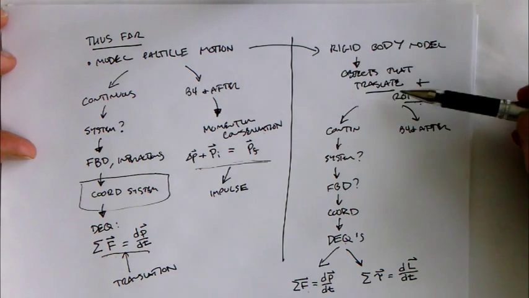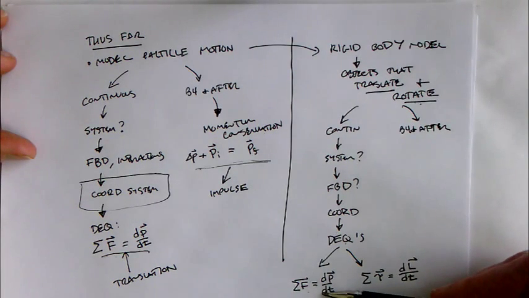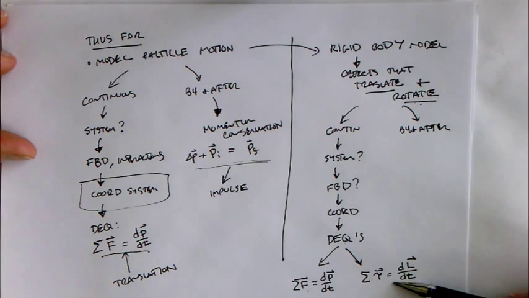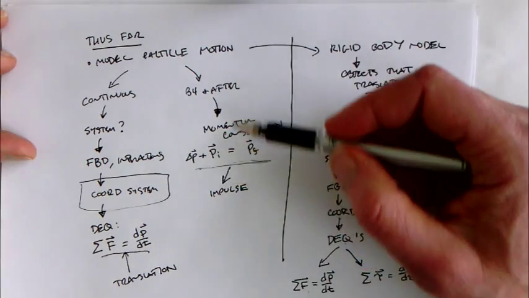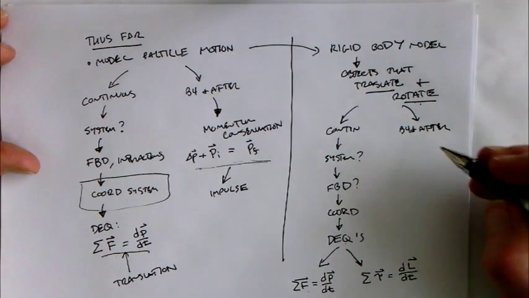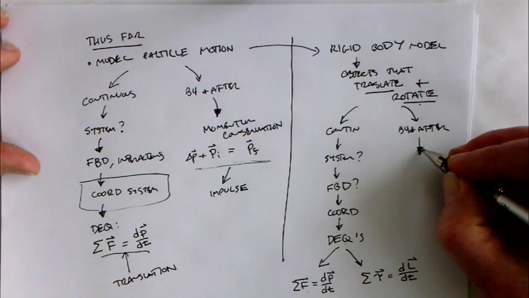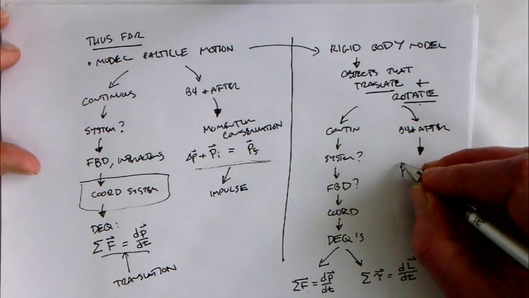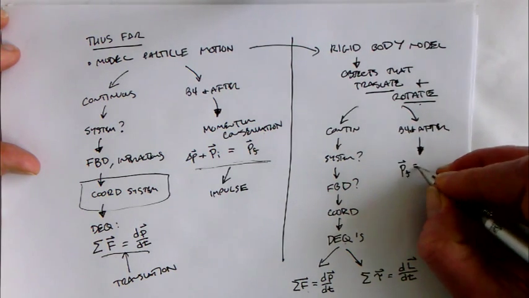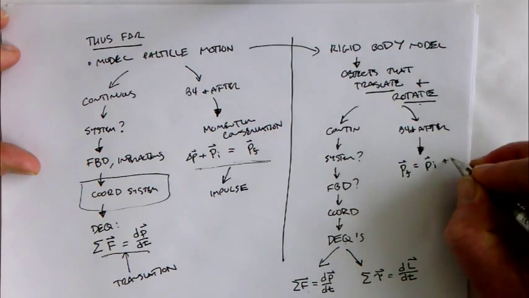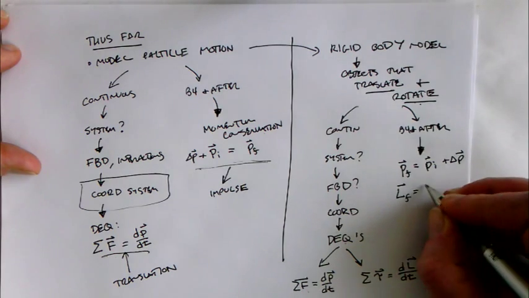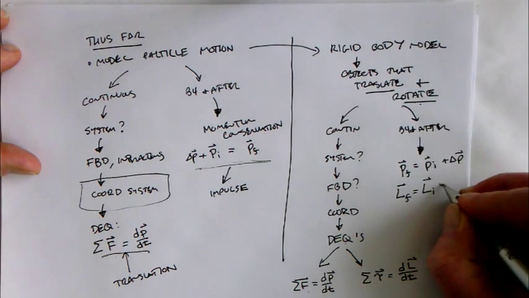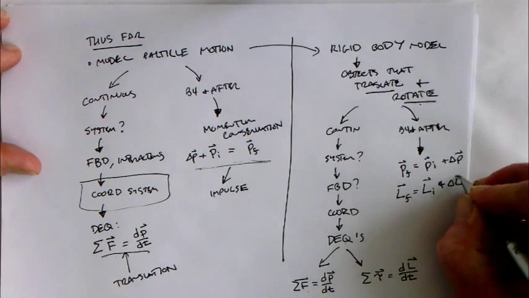And in some sense, you can think about these two equations as being the translation equation and the rotation equation, although I will caution you that there's a little bit of danger in doing that. Similarly, there's a very similar framing in the before and after space. There, we now start to think about not only that the final momentum after some event is equal to the initial momentum plus whatever the change in momentum is, but also that the final angular momentum is equal to the initial angular momentum plus whatever the change in angular momentum is.